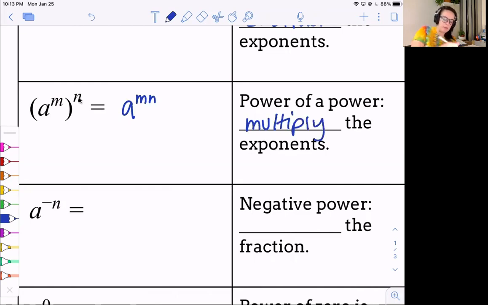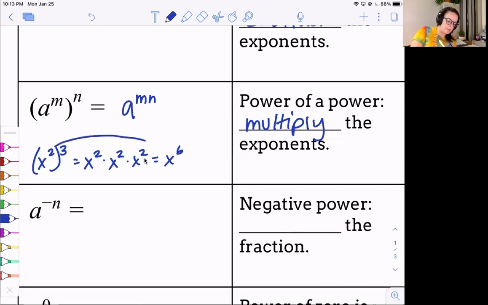If you're having a hard time thinking about this, think about x to the power of 2 to the power of 3. There are 3 x squareds. So we'd have x squared times x squared times x squared, that would give you x to the 6th. We could have skipped all those steps by doing 2 times 3 to get us to here. Okay. So if we have a power and a power, we're going to multiply.